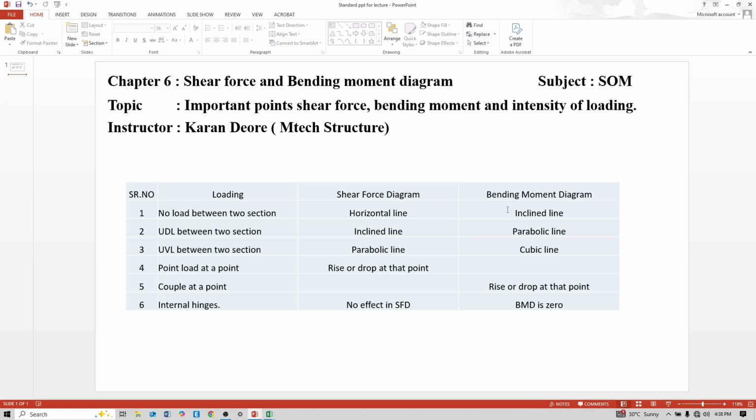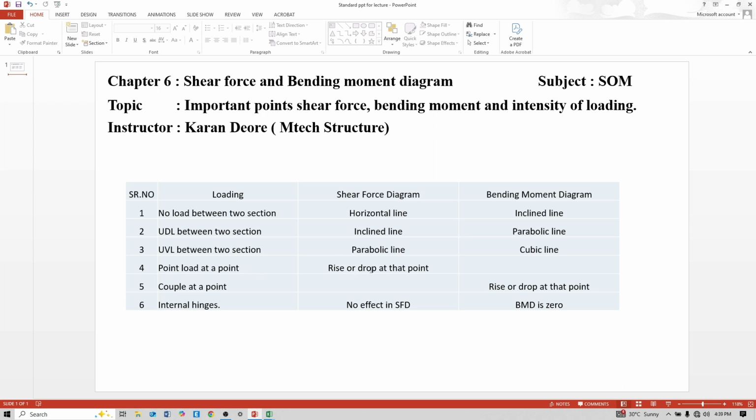Third is uniformly varying load between two sections. Here, in uniformly varying load, the shear force diagram is a parabolic line and the bending moment diagram is a cubic line. Remember this. For UVL, SFD is parabolic and BMD is cubic. Fourth is a point load at a point.